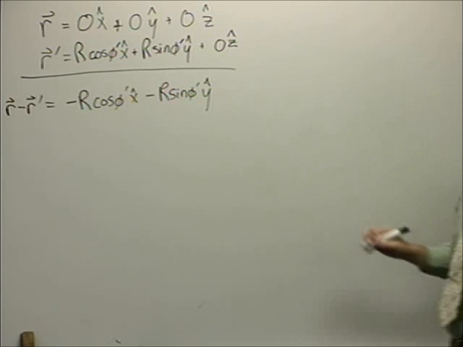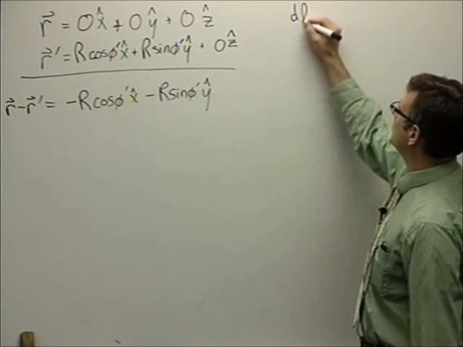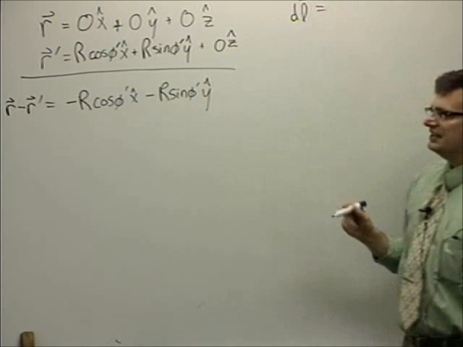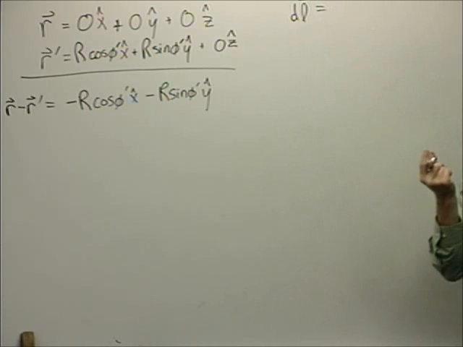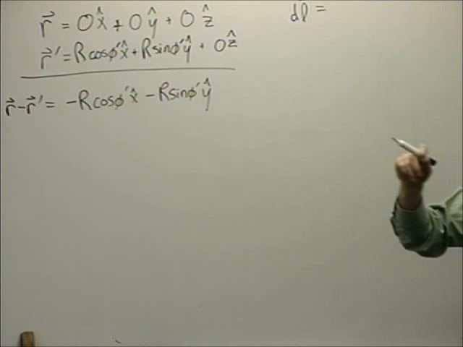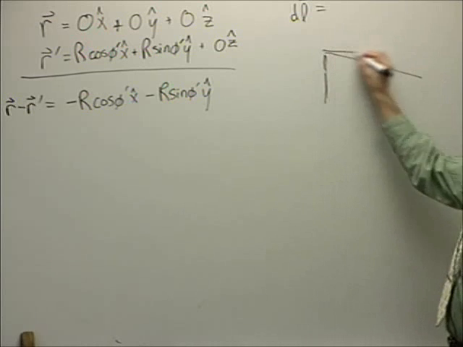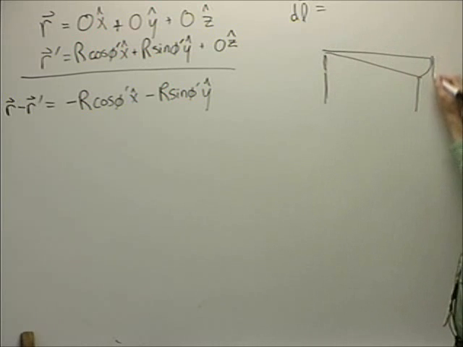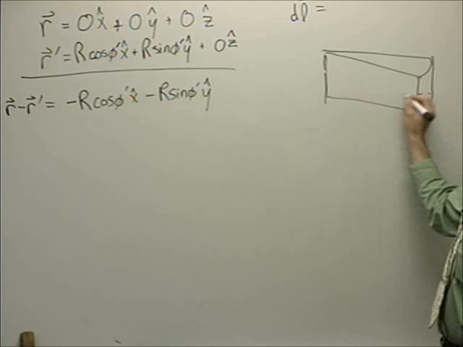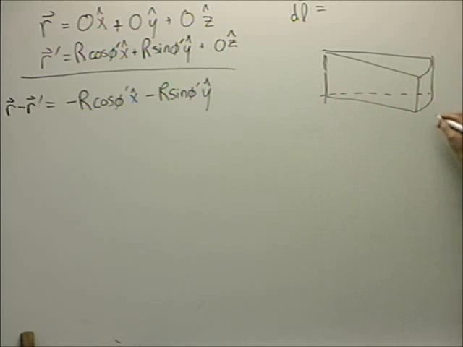Now my dl. This has got to have my element of integration. And remember, I'm going around a circle. If we look at that nice diagram that I always put up on the board, this is the one in your textbook in Chapter 1 when they talk about the cylindrical coordinate system.